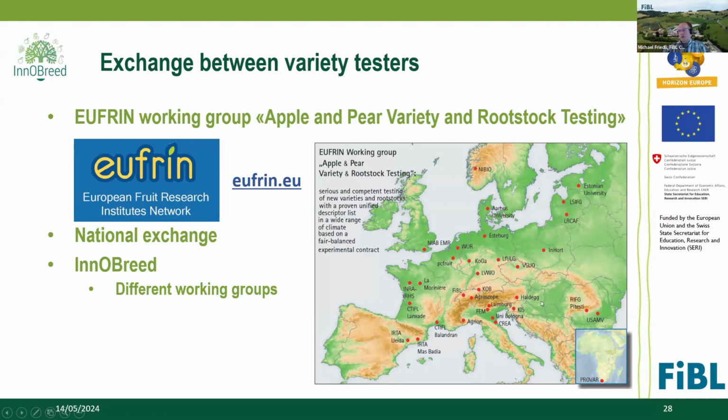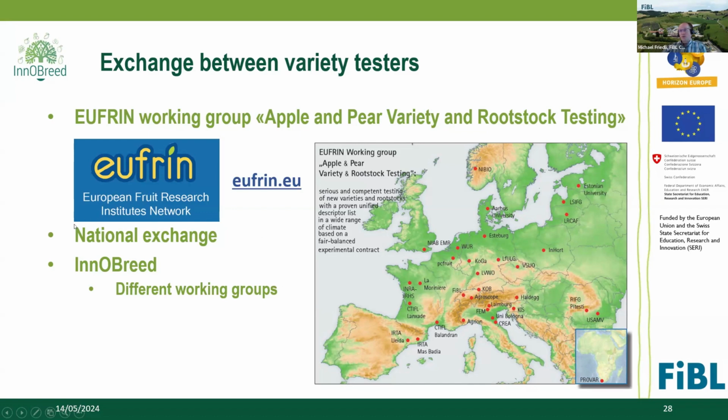Within this working group, we exchange information. We also meet regularly. In March, there was a meeting in Austria, in Graz, where we also exchanged our assessments. And it's really important that you can validate your own results: when you see that in other locations they have similar assessments, then your data is becoming more robust.